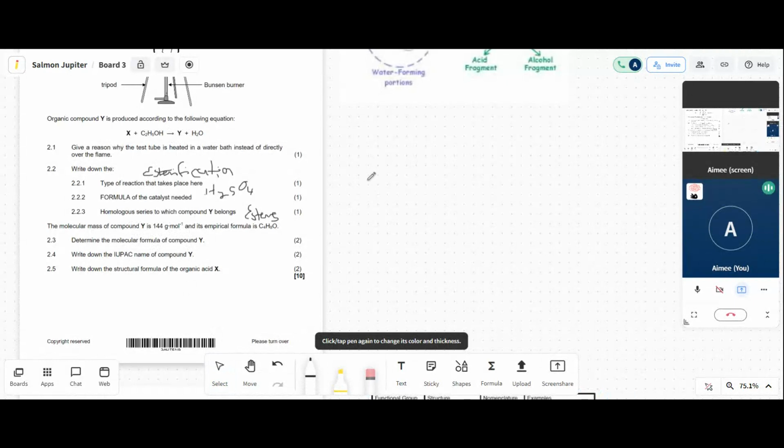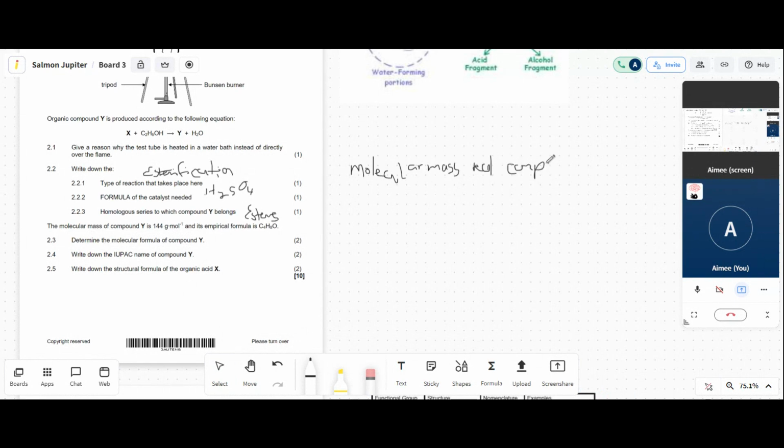We say the molecular mass of our real compound over the molecular mass of our empirical compound.